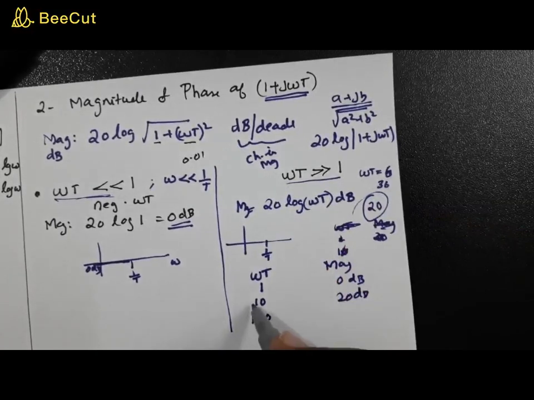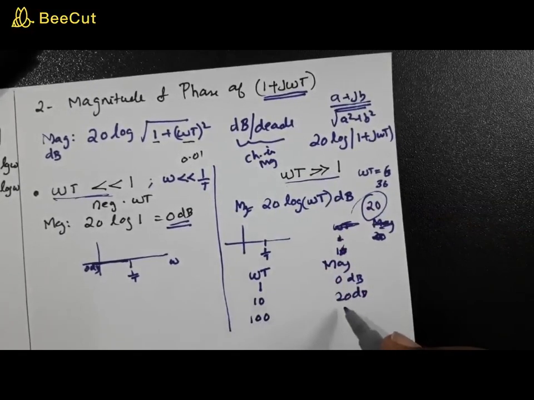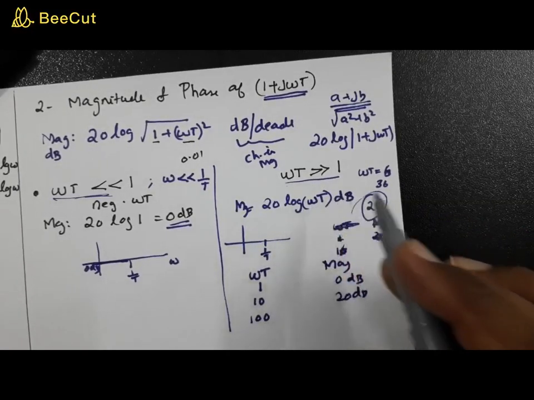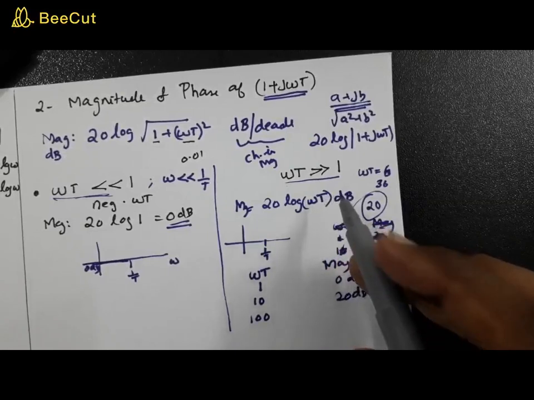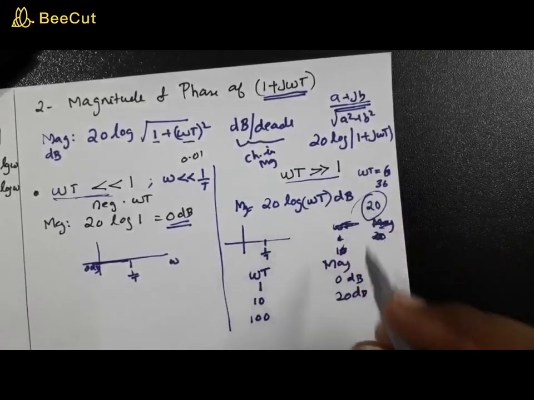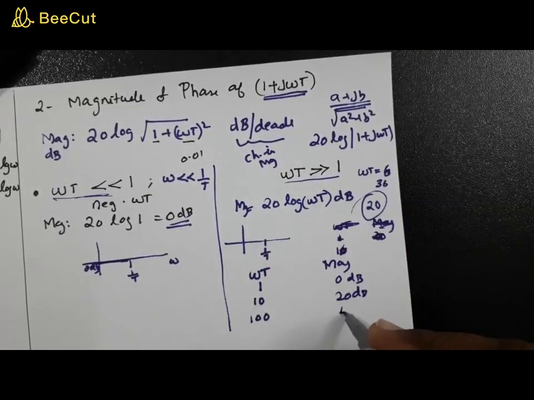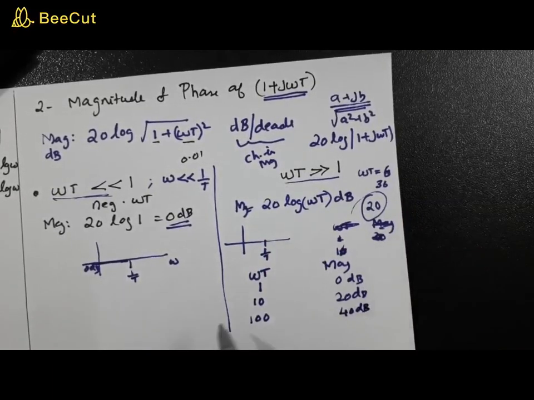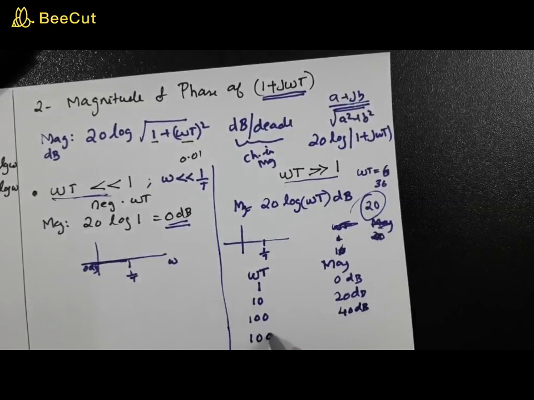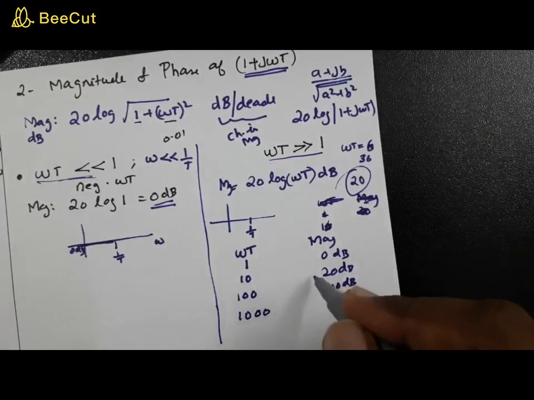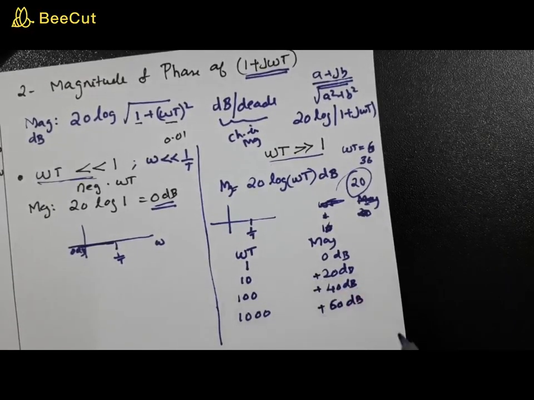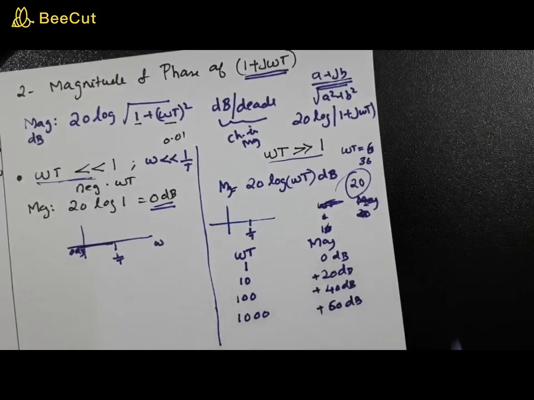As it moves to the next decade, which is 100, this is 20 log of 100, and log of 100 is 2, so 2 into 20 is 40 decibels. If omega t is 1000, this is going to be 60 decibels. Everything is positive, so the magnitude slope is plus 20 decibels.